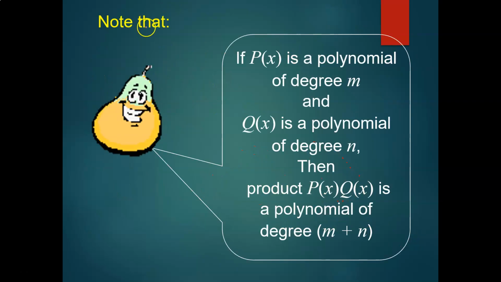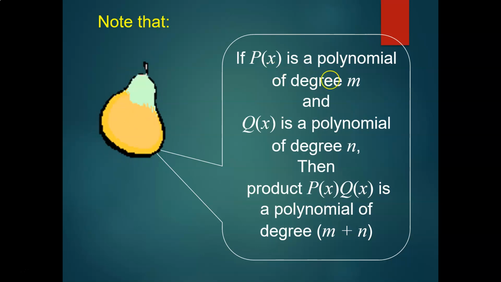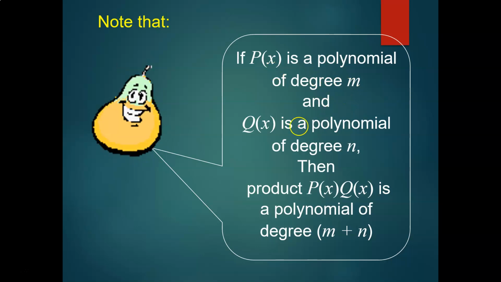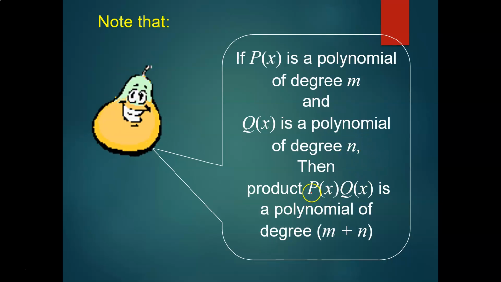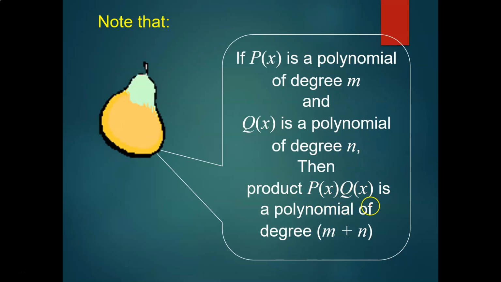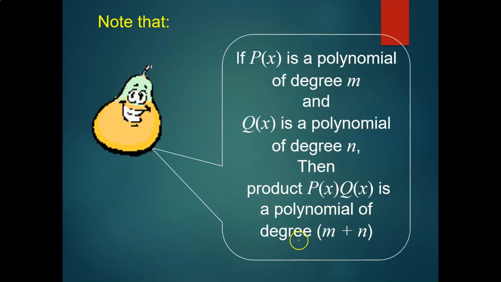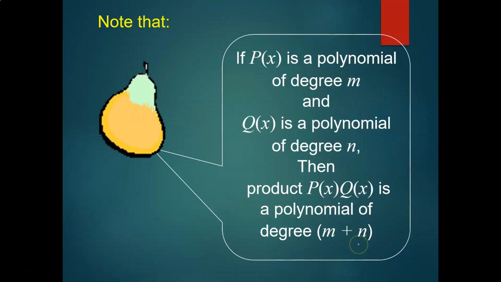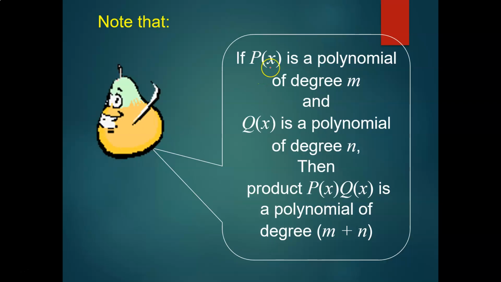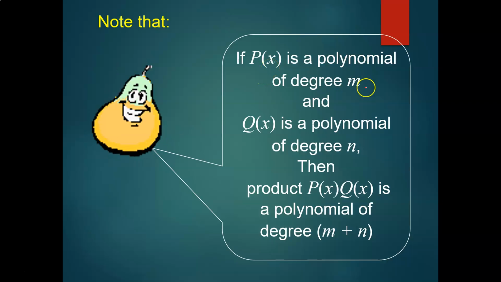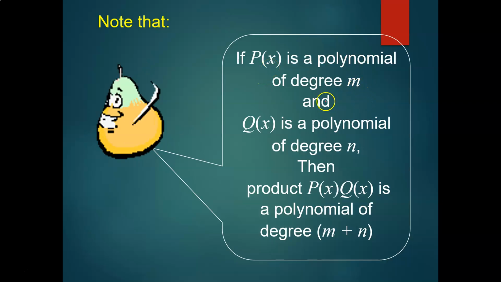Okay, dekat situ dia kata note that if px is a polynomial of degree m and qx is a polynomial of degree n, then the product of px qx is a polynomial of degree m plus n. Maksudnya, kalau px tu, polynomial yang pertama tadi, dia ada degree m.